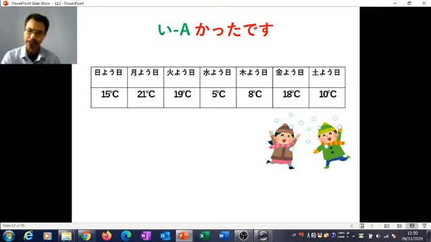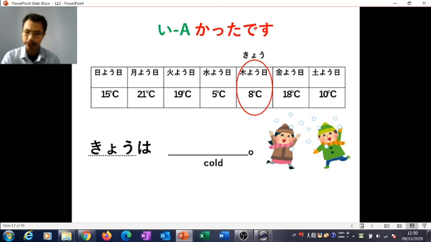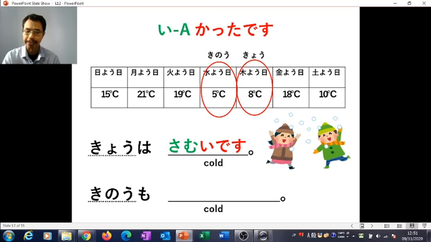Let's say today is Thursday. You want to say today is a cold day. Kyou wa samui desu. And then you want to say yesterday was also quite a cool day. Yesterday is kino, and then mo because of the repeating trend. Kino mo samukatta desu.